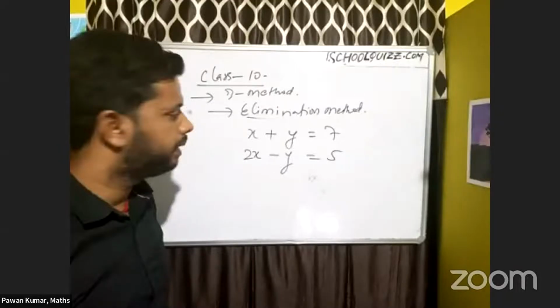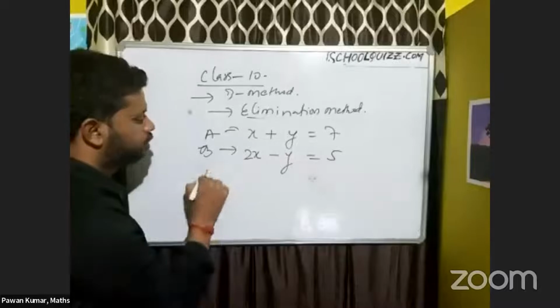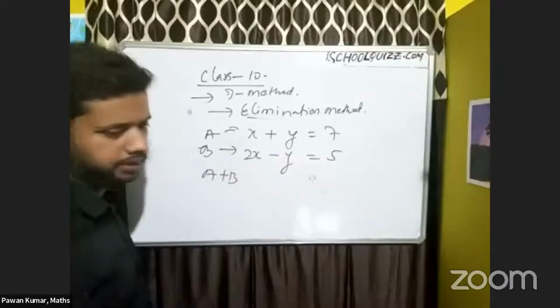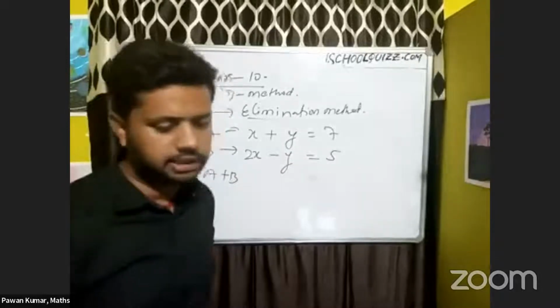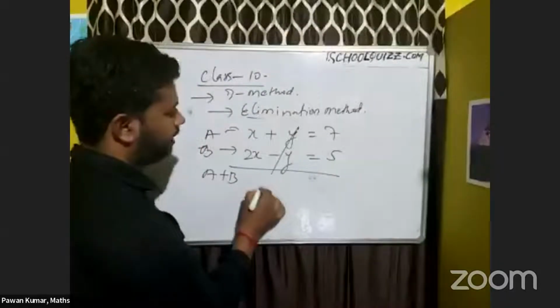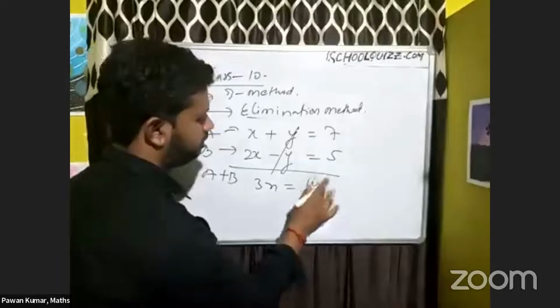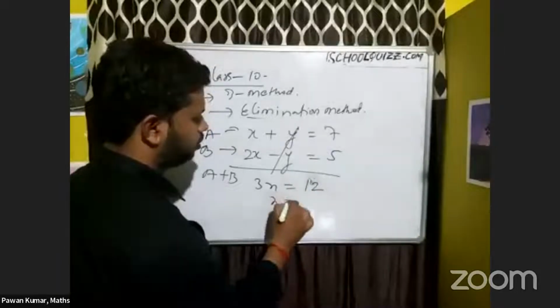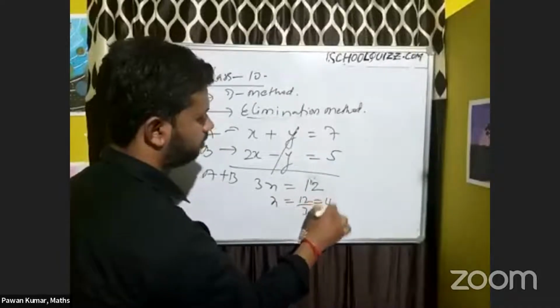Which part will be easy to eliminate? Sir, y तो ऐसे ही रिमूव हो सकता है क्योंकि एक में प्लस और दूसरे में माइनस है। a को और b को जोड़ भी देते हैं तो y खत्म हो जाता है। एडिशन इज इजी एज कंपेयर टू सब्ट्रैक्शन, क्योंकि सब्ट्रैक्शन में साइन का ध्यान रखना होता है, अंडरस्टैंड? सो अगर मैं इसको जोड़ देता हूं, y will be cancelled, 12 and x equals to 12 by 3 equals to 4.